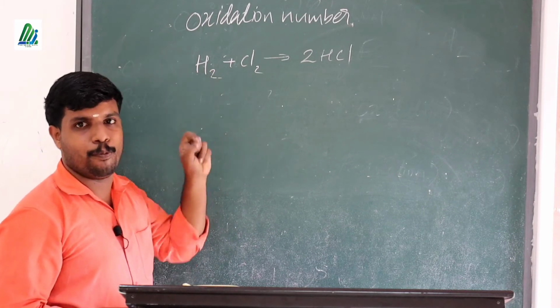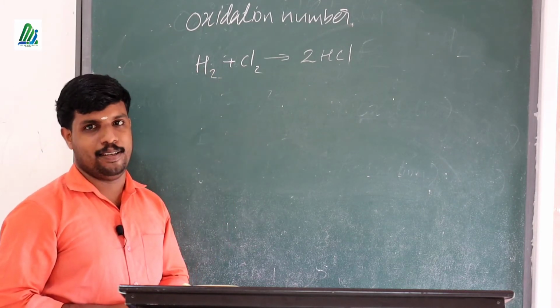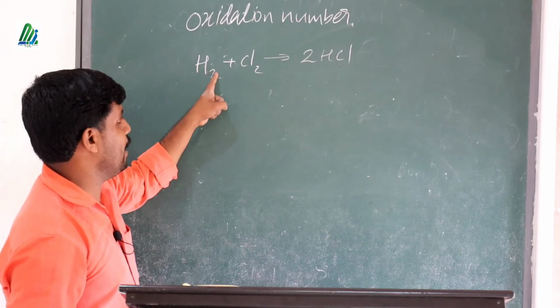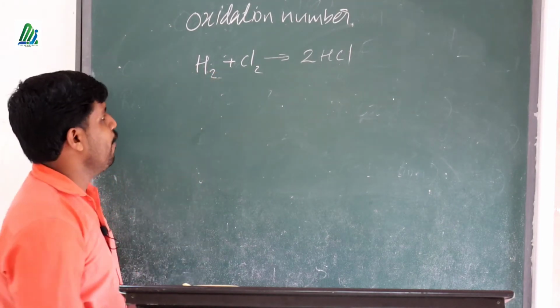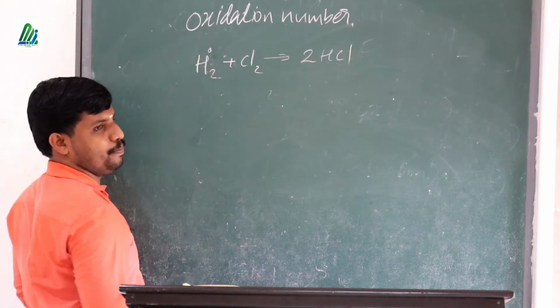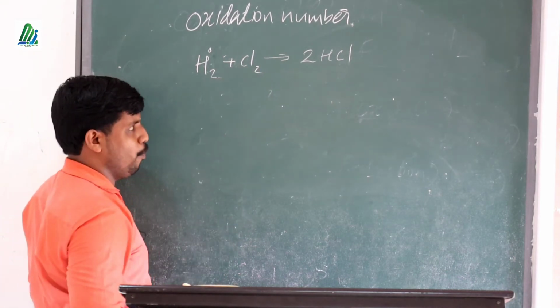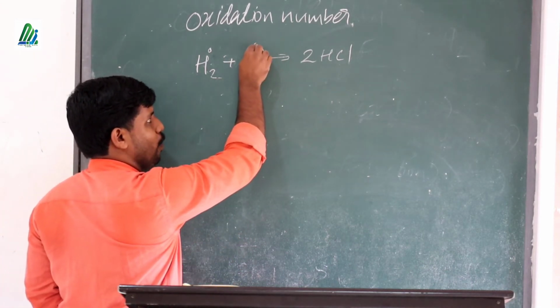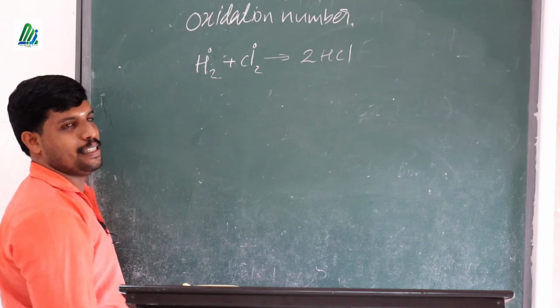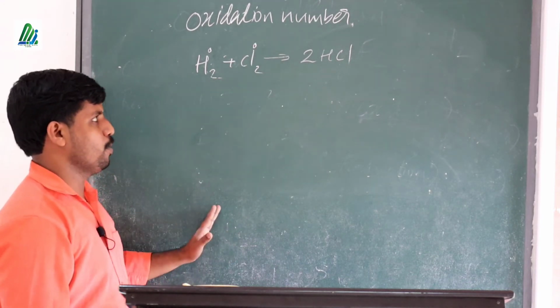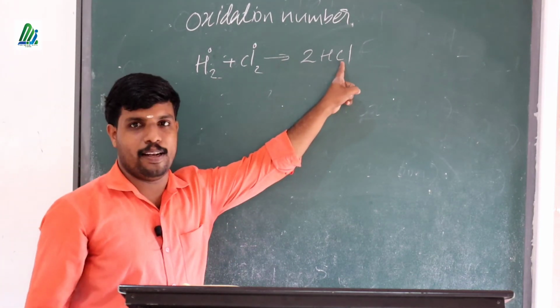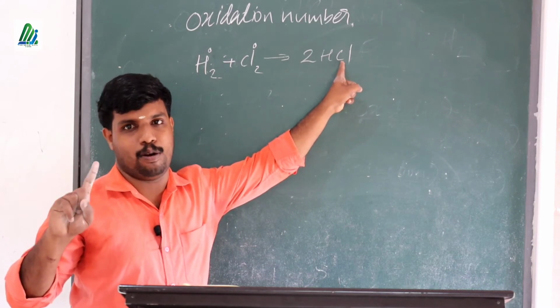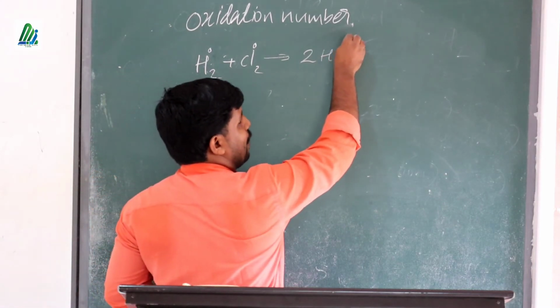It's a molecule that has no charge. Here the hydrogen molecule is in elemental form that has no charge, it is 0. Then Cl2, that's also a molecule, a chlorine molecule, so that also has charge 0. Then after the reaction we know that chlorine accepts 1 electron, so we give a charge of -1.